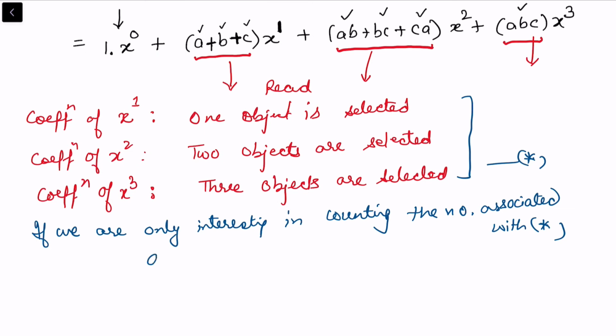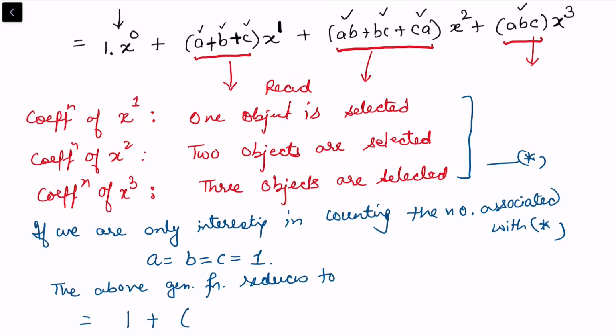In this case we simply take all the objects as 1, since we don't want the relevant cases. So the above generating function reduces to 1 plus, now a plus b plus c are all replaced by 1, so we will have 3 times x to the power 1.